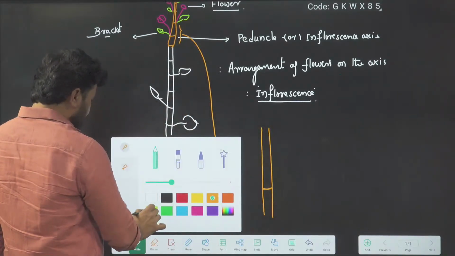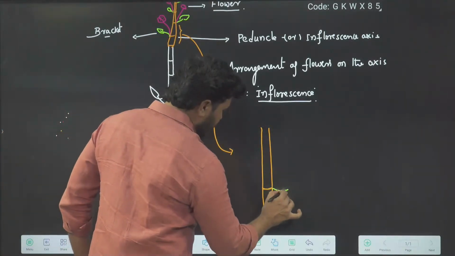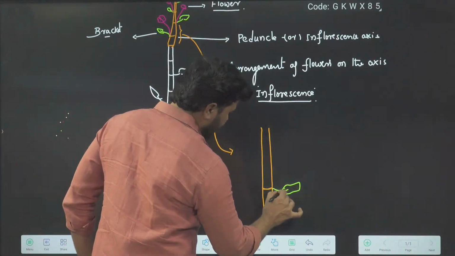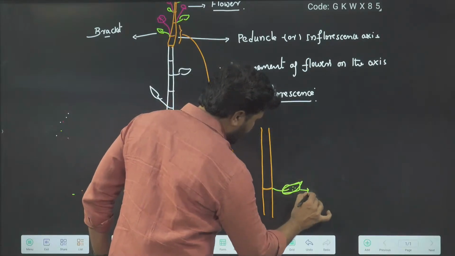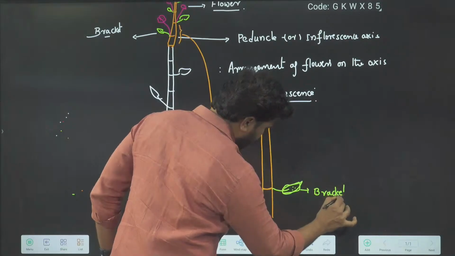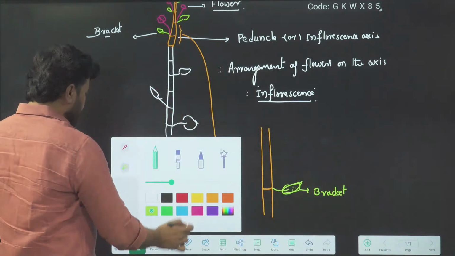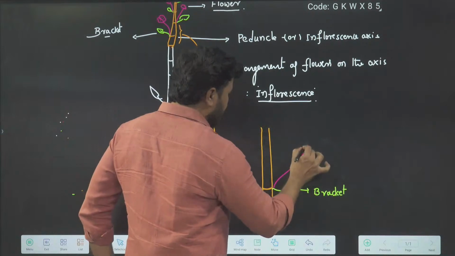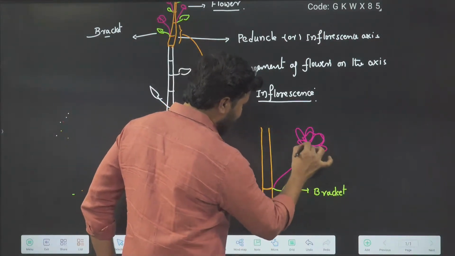At the nodal portion, we have seen there is a leaf-like appendage that I have called bract. And on the axil, there is a development of flower. Consider at least, it is a flower.